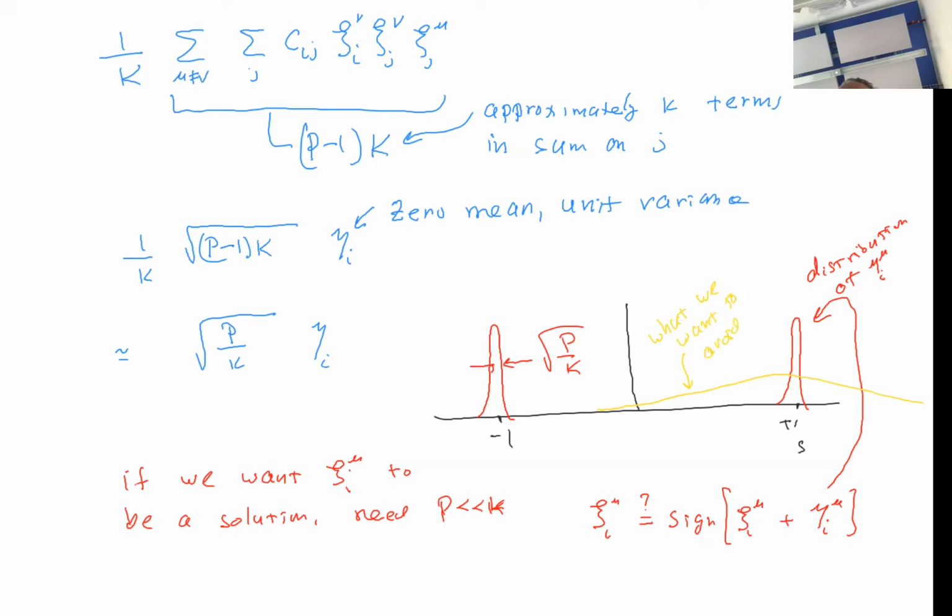Because if P is too big, this term is going to be bigger than -1. Let's say if this is 1, this is bigger than -1. And then squiggle I mu, which is supposed to be 1, ends up being -1. And once that happens, then everything falls apart. So this says something very important.